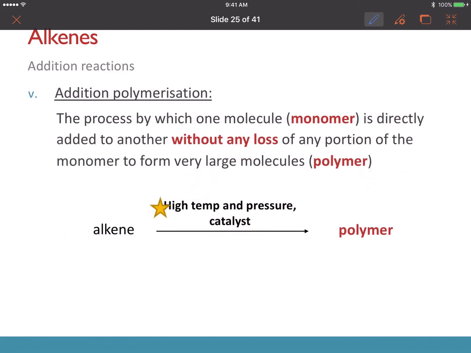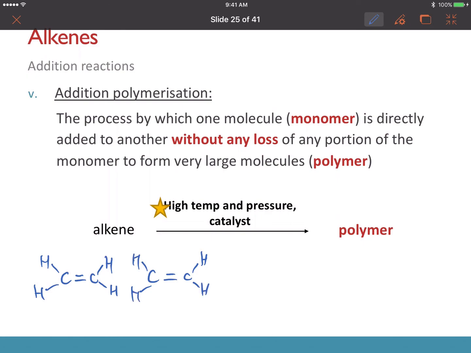special conditions. Next, addition polymerization is actually a very interesting reaction. It is the process where one molecule, a monomer, we call it, is directly added to another without any loss of any portion of the monomer to form very large molecules. Now, what do I mean? For instance, let's say I have a few alkene molecules.